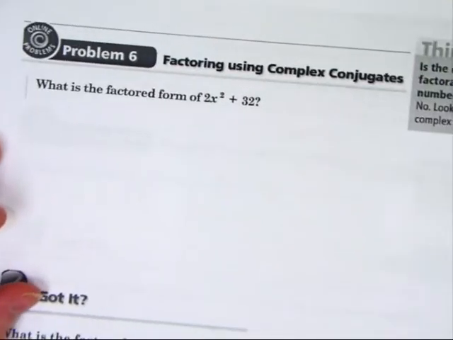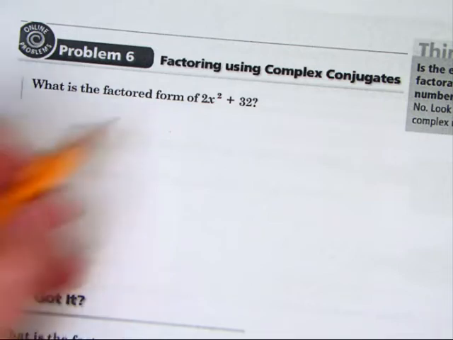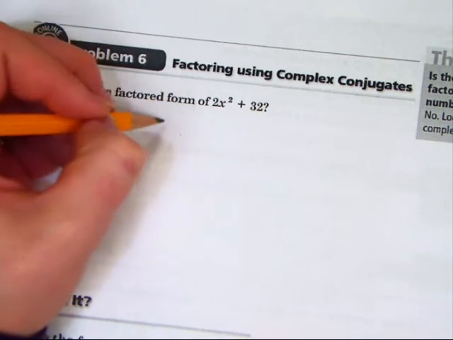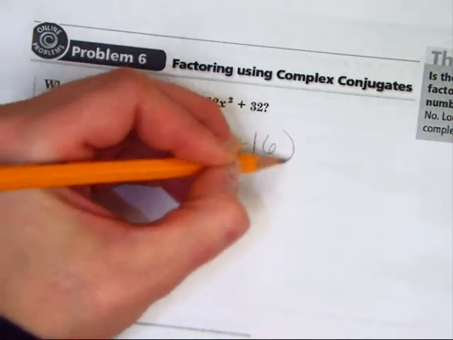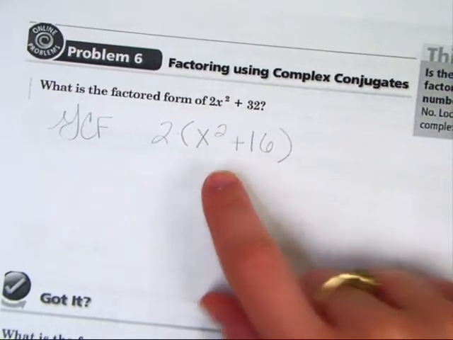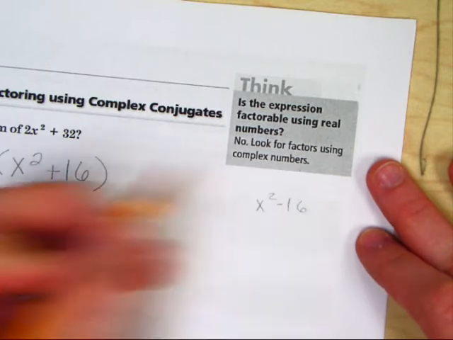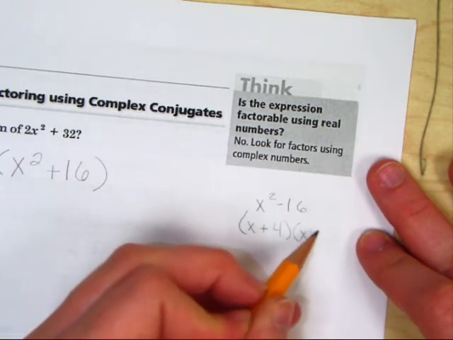In problem 6, you have to know how to factor using imaginary numbers. Let's start by pulling out a GCF, which is what you should do all the time. The GCF is 2, which leaves you with x squared plus 16. Now if this was x squared minus 16, as a side note, you would do x plus 4 and x minus 4.